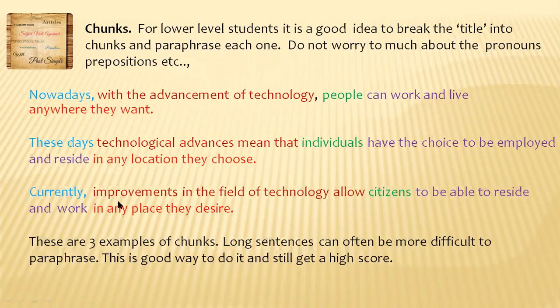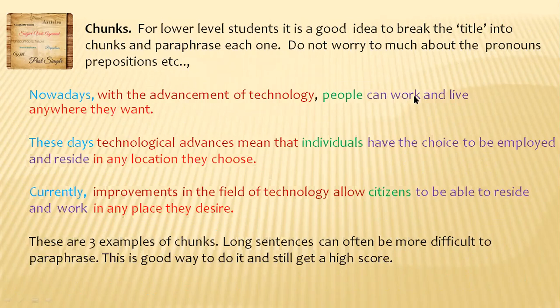Currently, nowadays, advancements in technology, improvements in the field of technology, allows citizens, you need a verb here to say that this lets citizens do this, allows citizens, people, to be able to reside and work. I haven't changed work here because I've changed a lot of the sentence.